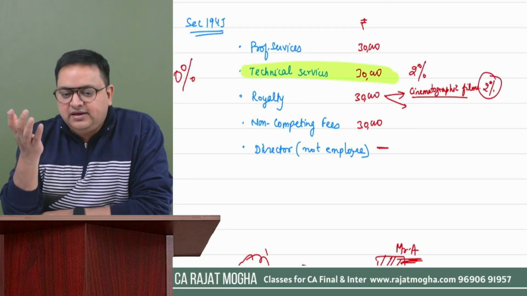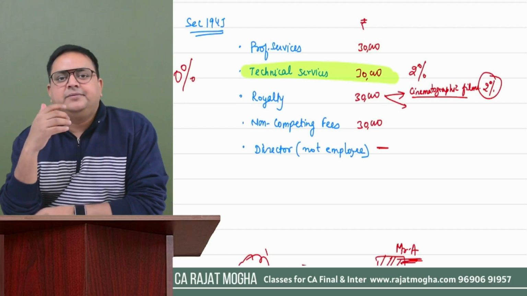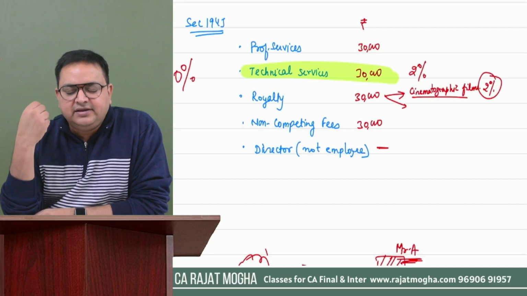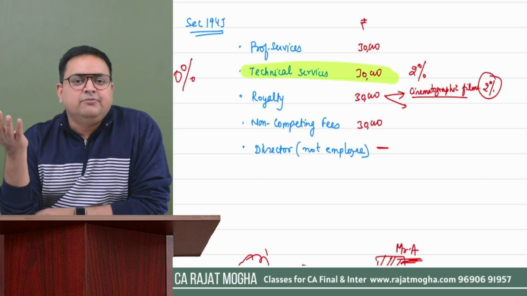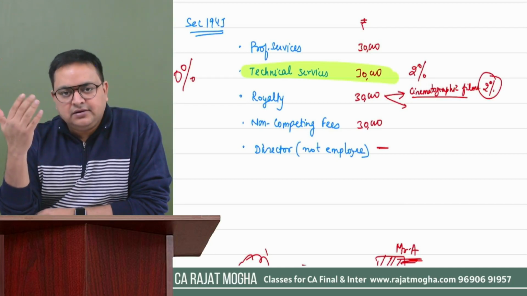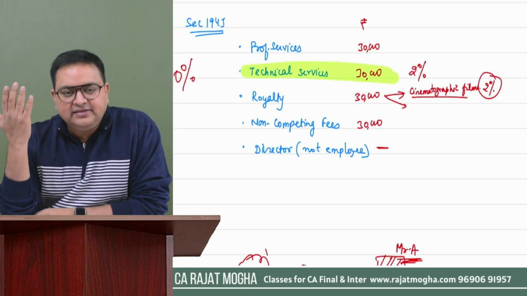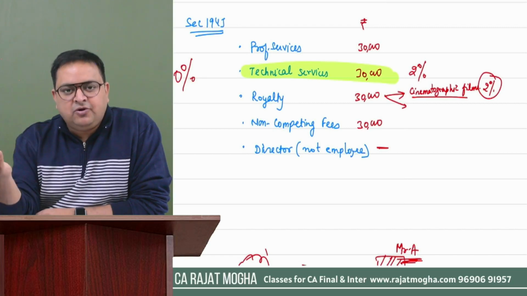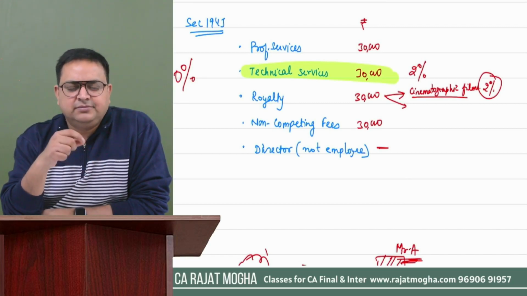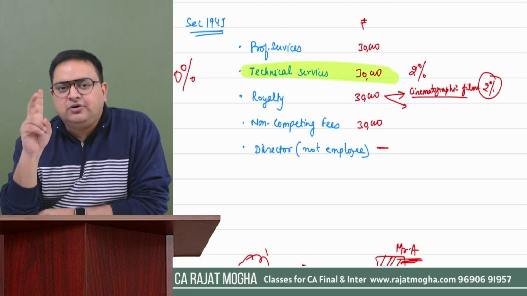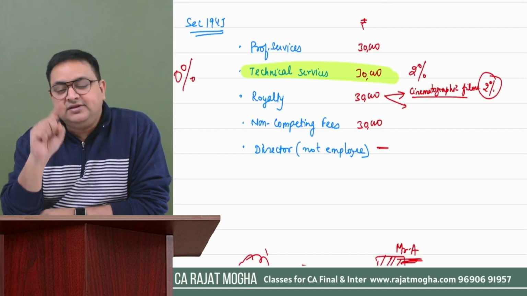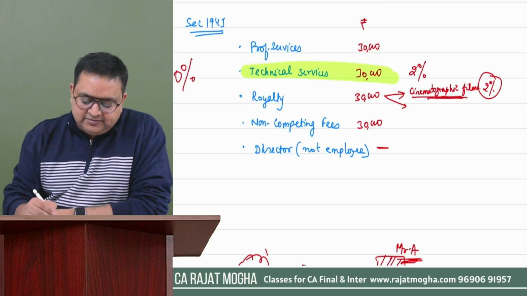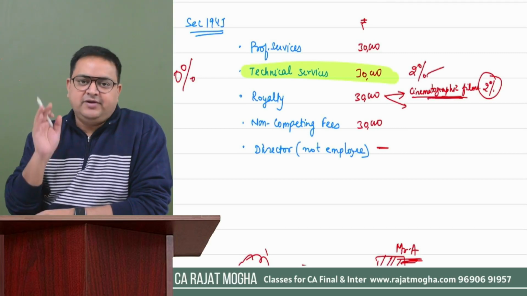Let's say any producer or director gives rights to PVR, they give rights to INOX so that they can display their movies. So they give their rights so that that particular cinema hall can display their movies. So the cinema hall pays royalty to these producers or directors. So in that case also, the TDS rate will be 2%. But for other royalty, the TDS rate will be 10%. Only for this royalty of cinematographic films, the rate of TDS would be 2% under section 194J.